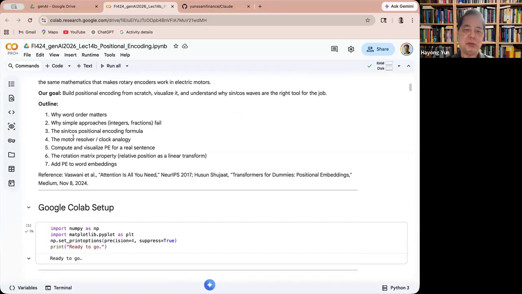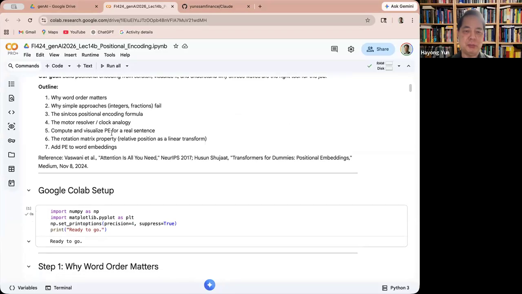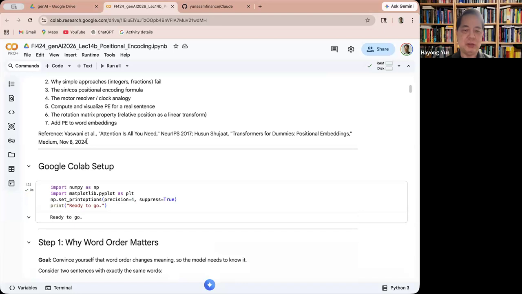Then the sine and cosine positional encoding and how it works, the clock or motor resolver analogy, computing and visualizing this positional encoding for a real sentence, and the rotation matrix property to show you how it works. Then we add the positional encodings to the embeddings and see how it looks.